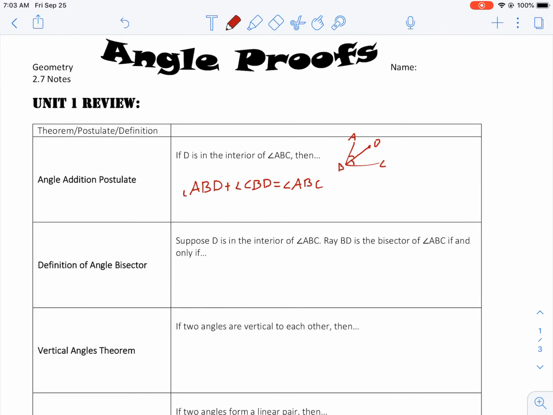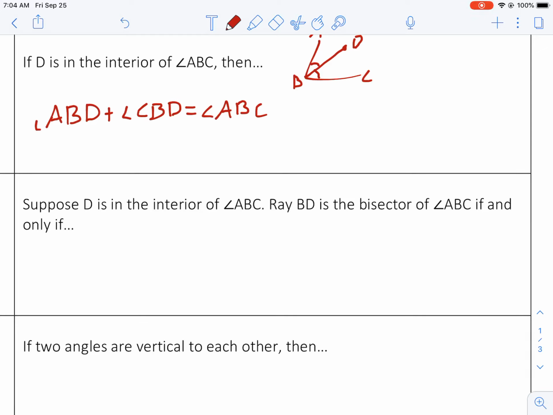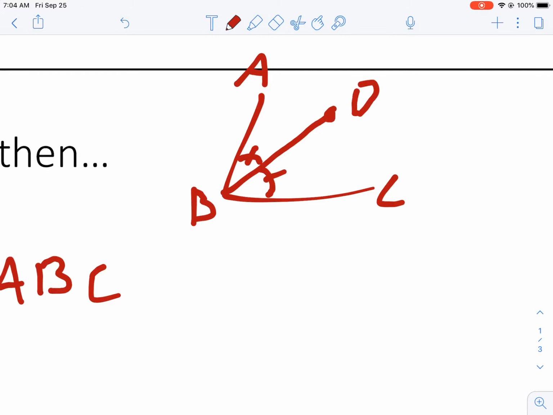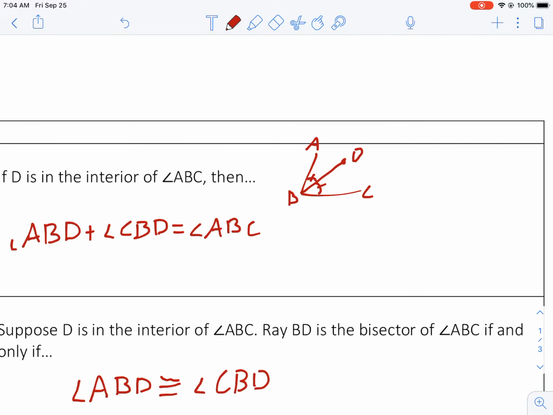So if D is in the interior of angle ABC, the same situation as above, ray BD is the bisector of angle ABC if and only if angle ABD is congruent to angle CBD. So if both sides of this angle are congruent, we would call BD a bisector. It splits the angle in half.